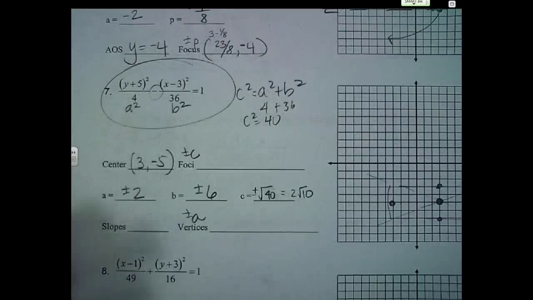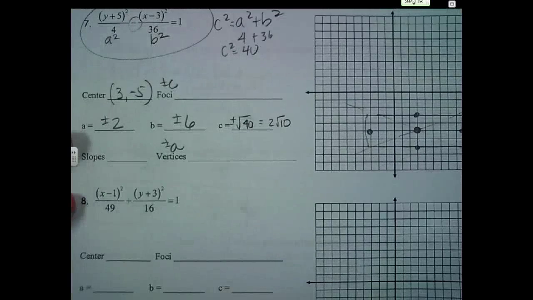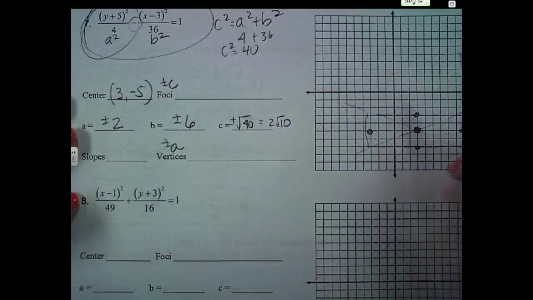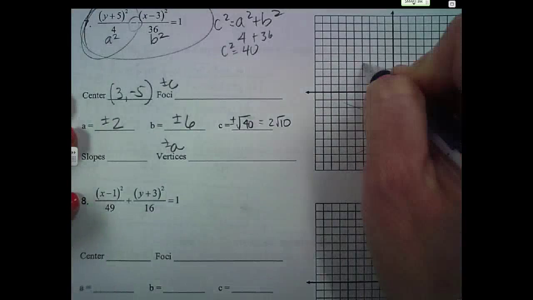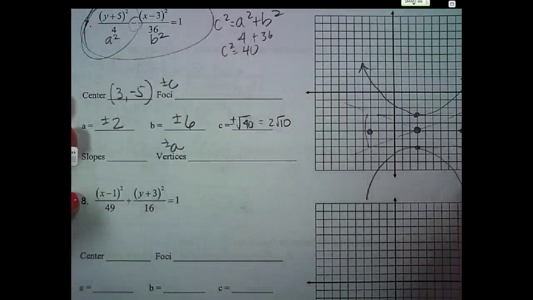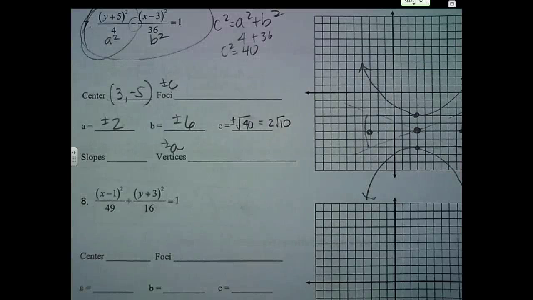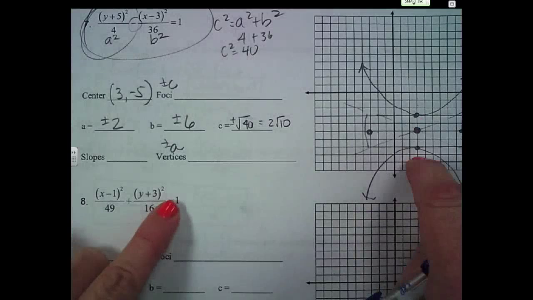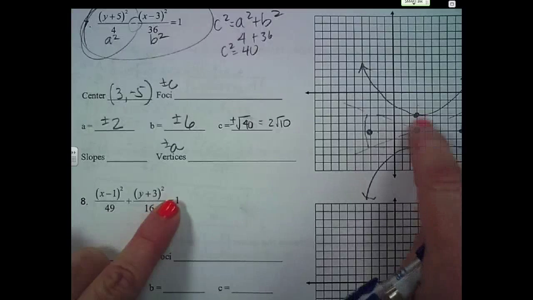Okay, and now I've got to decide where my hyperbola is going to be. Well, let's look. The major axis is y. So the hyperbola is going to open up on the y-axis. So my vertices, I was in the center and I went up 2 and down 2. That affects y.